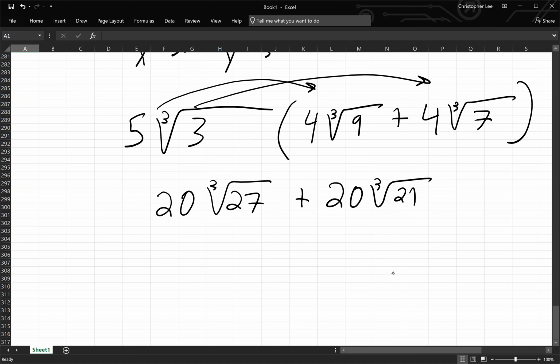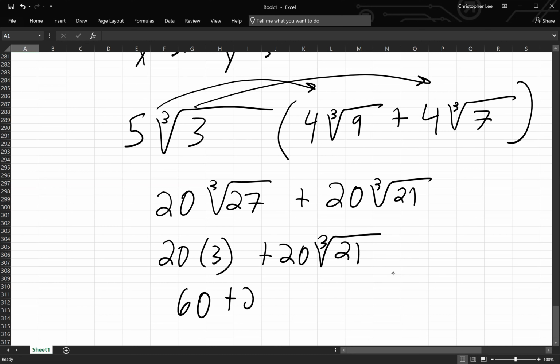My mistake, it was just 3, because 3 times 3 is 9 times 3 is 27, right? Okay, so 20 times 3 plus 20 cube root of 21 is 60 plus 20 cube root of 21.